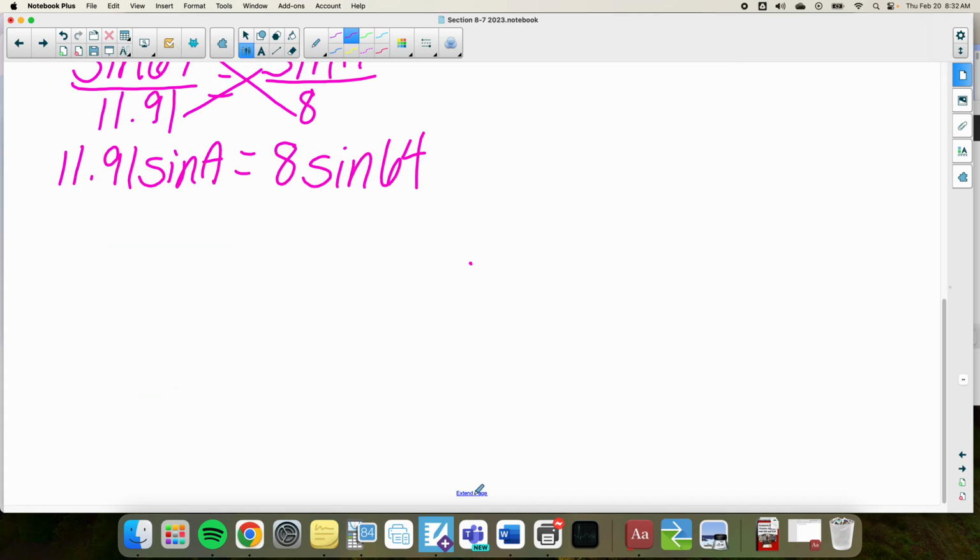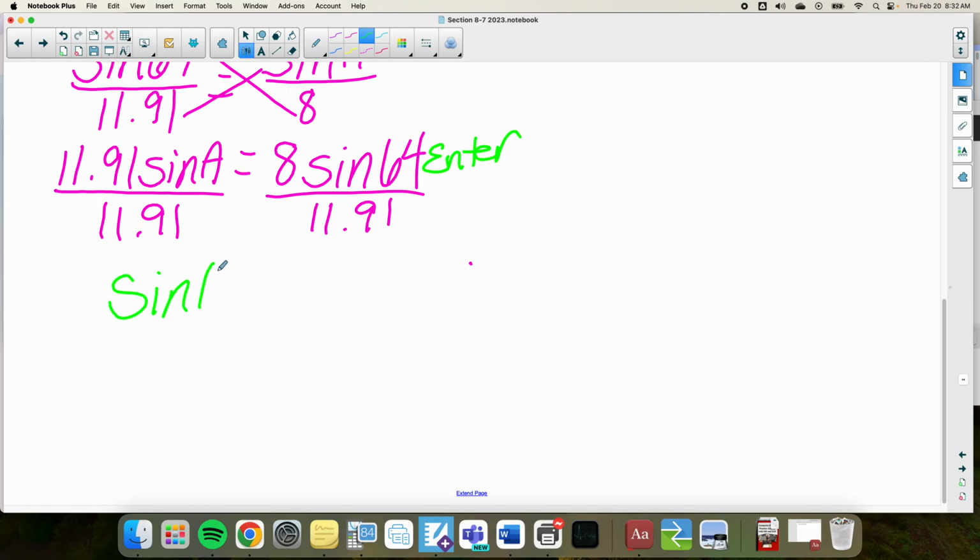Now, this is a touch different than what we did yesterday. First of all, what do you think we would do? Divide by 11.91. This looks like what we did yesterday. And we talked about the fact that you have to hit enter here. However, how this is different is when we get this answer, it's sine of A. It's not our answer yet.